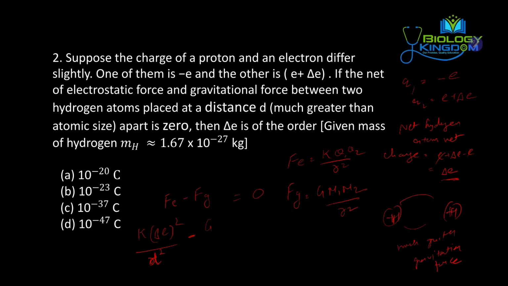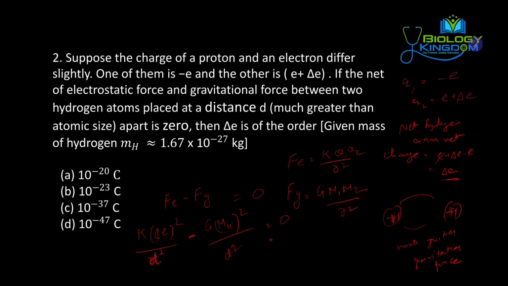Now we'll take the masses of both the atoms. As we know, both the atoms are hydrogen atoms, so we'll write the mass of the hydrogen atom square, because both the masses are the same here. Now we'll solve further.